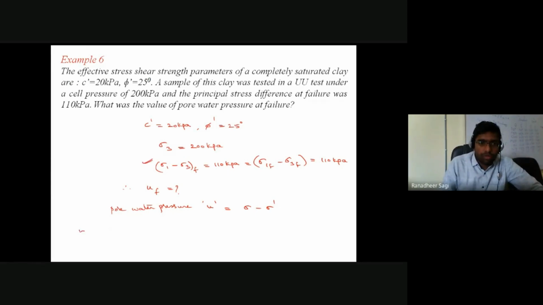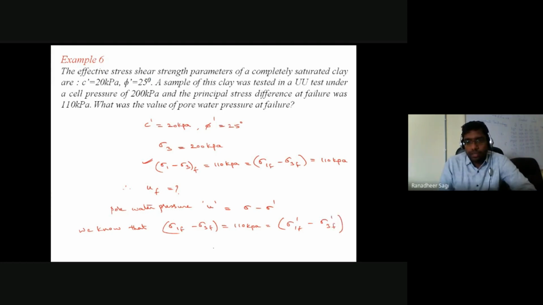So we know that sigma 1 at failure minus sigma 3 at failure of the soil sample is equal to 110 kilopascal, which can also be written as sigma 1 dash at failure of the soil sample minus sigma 3 dash at failure of the soil sample.